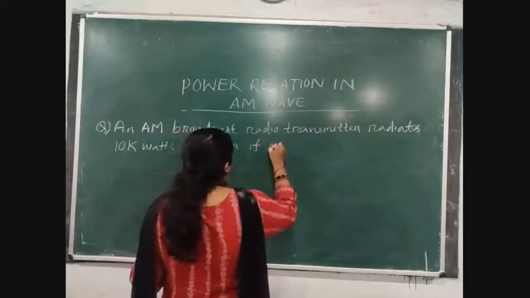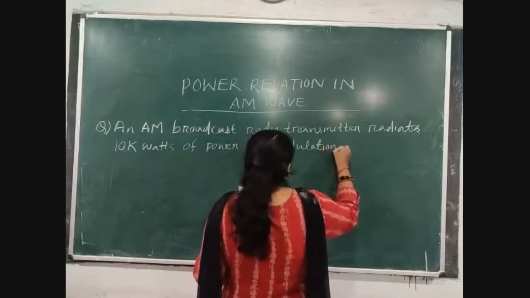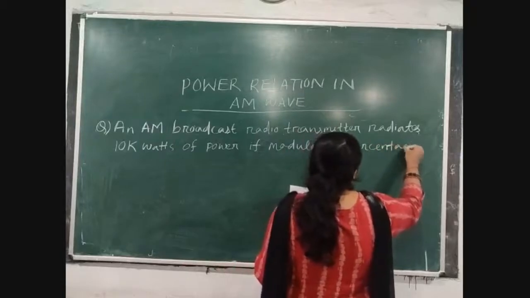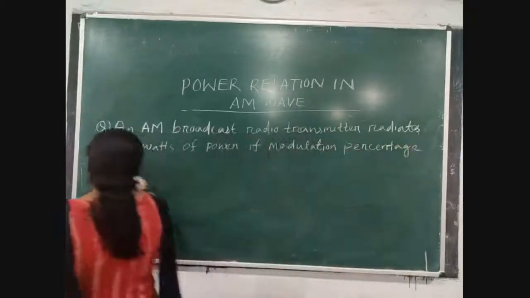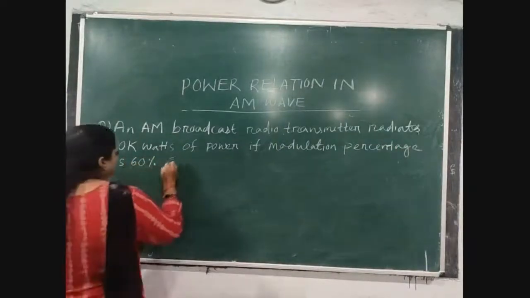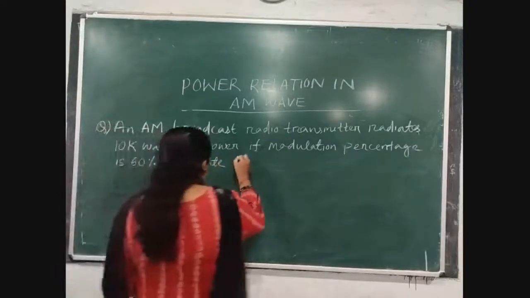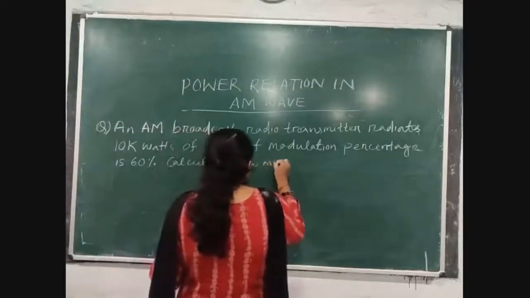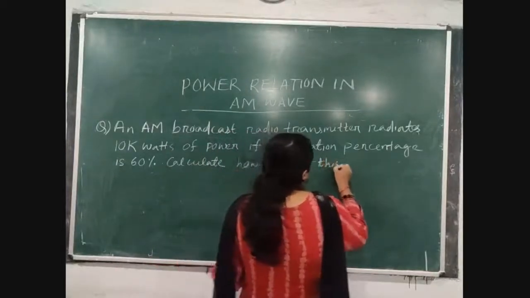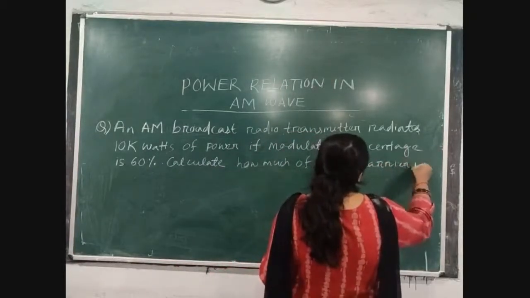If the modulation percentage is 60%, calculate how much of this is carrier power.